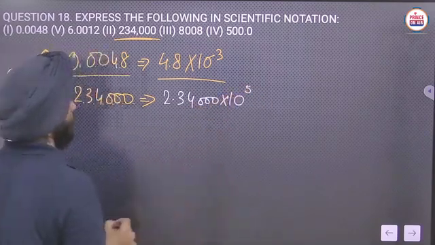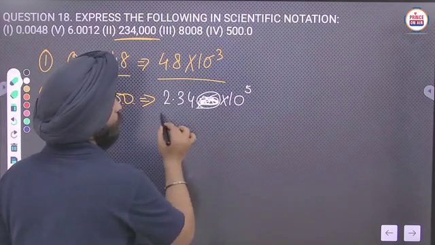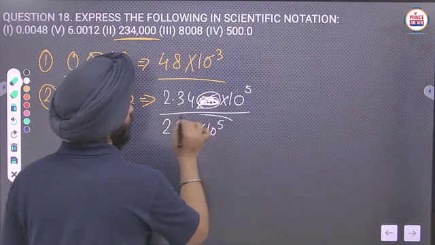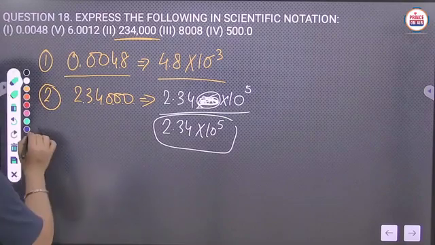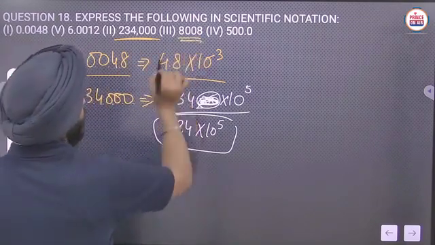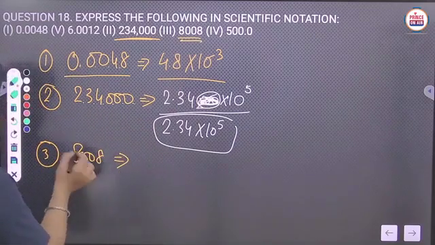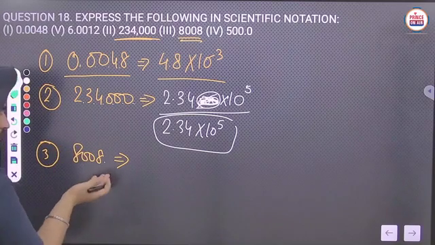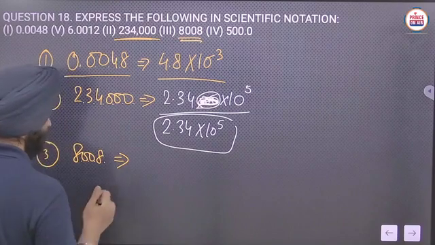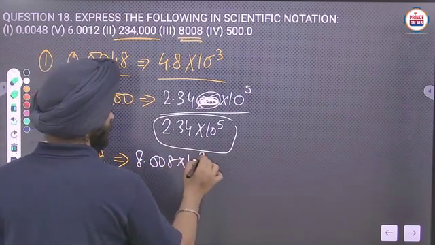But there is no need to write the last zeros here, so the answer comes out to be 2.34 into 10 raised power 5. The next one is 8008. If you put the point here, it shifts 1, 2, 3 steps, so it will be 8.008 into 10 raised power 3.